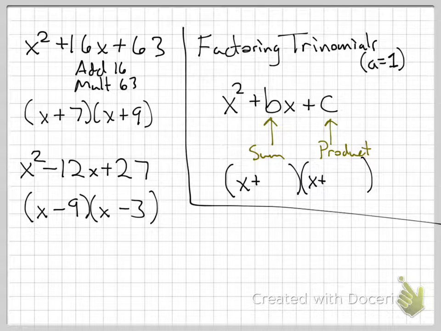The order doesn't matter. Okay, -9, -3. We agree? We multiply those two, we get a positive 27. You add, you get a negative 12. A hint there: if you have a positive product but a negative sum, they both have to be negative.